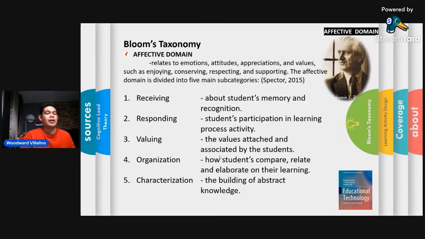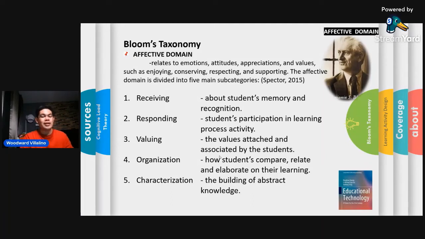Okay, that is valuing. Number 4 is organization. So, students can put different values, information, and ideas together and accommodate them within their schema. They compare, they relate, and elaborate on what has been learned.